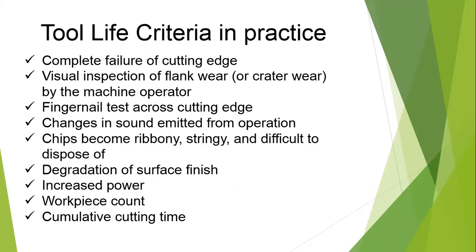Tool life criteria in practical operation: complete failure of the cutting edge, visual inspection of the flank wear by the machine operator, fingernail test across the cutting edge, change in sounds emitted from the operation that can be observed by the operator, chips becoming stringy and difficult to dispose of, degeneration of surface finish observed by the operator, increased power in the cutting operation, workpiece count, and cumulative cutting time.